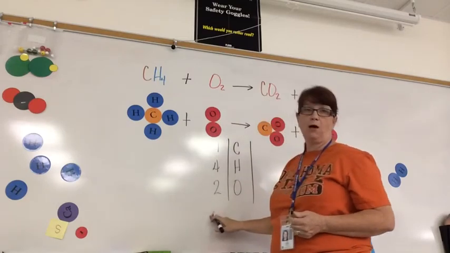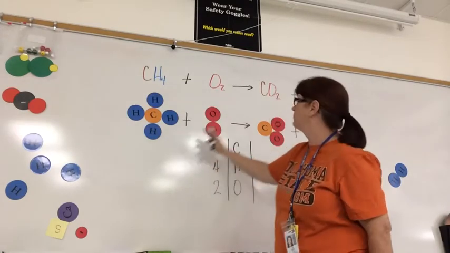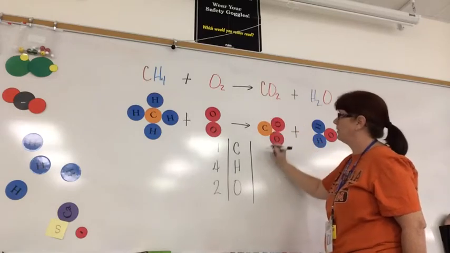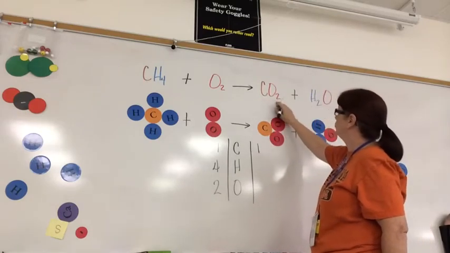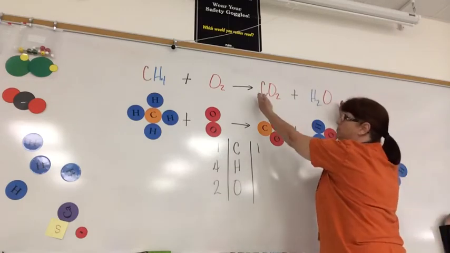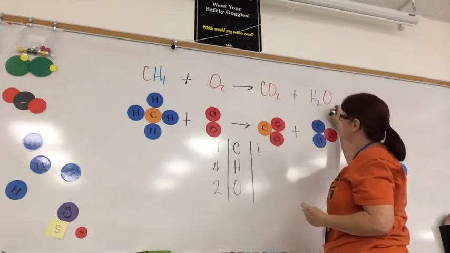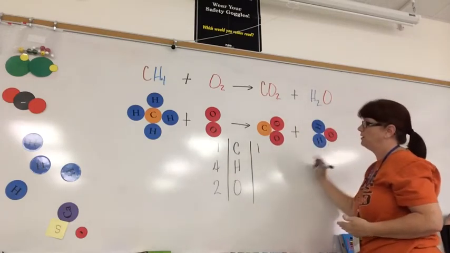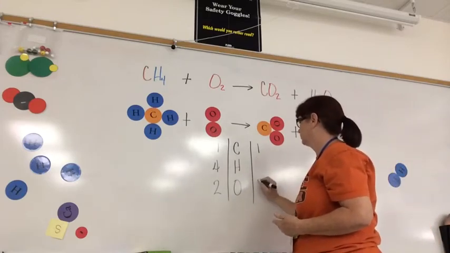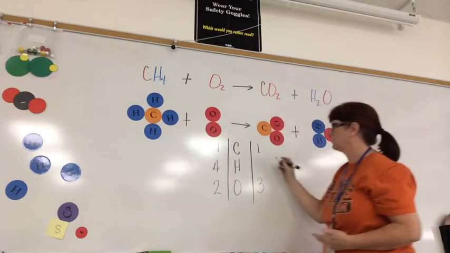Over here, I have 1 C for carbon. I have 2 oxygens here, but I also have one over here. Because they're both on the product side, I have to add them together, so 2 plus 1 is a total of 3 oxygens. Then over here, I have 2 hydrogens.